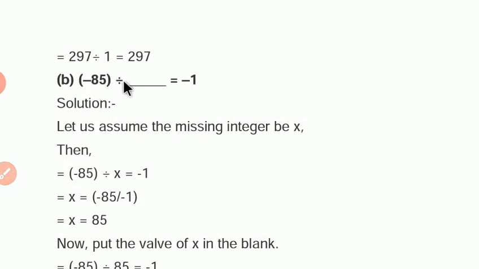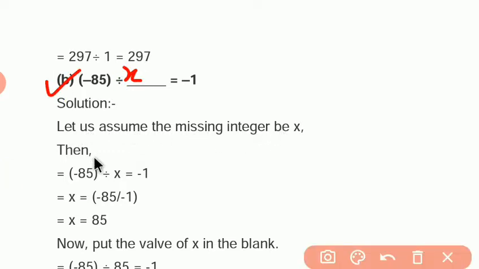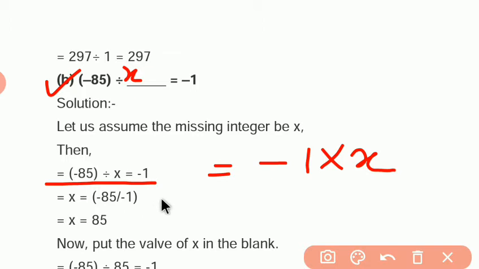Second one, minus 85 divided by dash is equal to minus 1. So let us assume the missing integer be x. Then minus 85 divided by x is equal to minus 1. Here again we have to find the value of x. So here minus 85 on this side, if we take x to the other side it will change into multiplication.